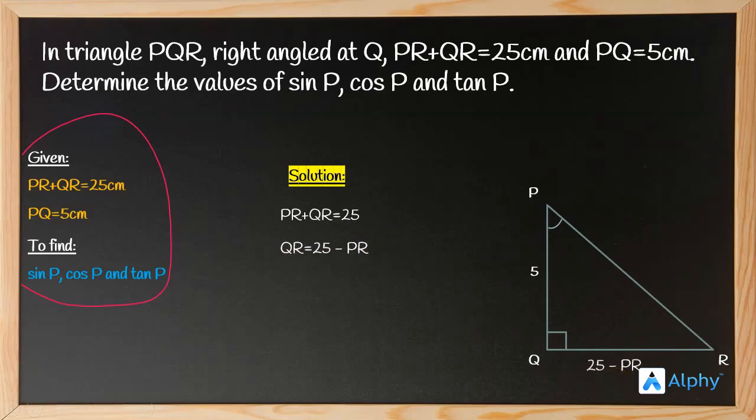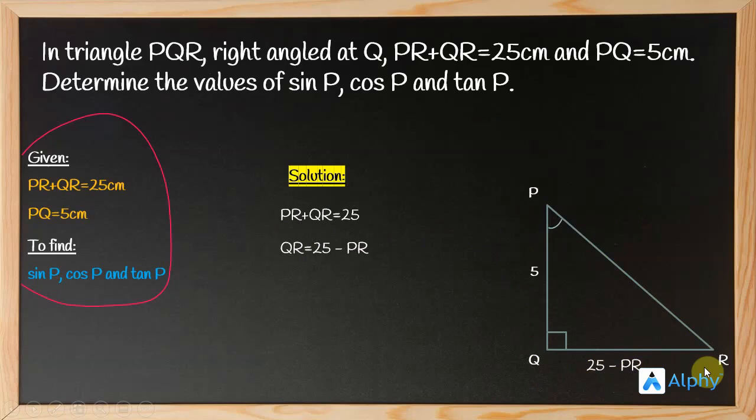Okay, so guys, now in this entire triangle, there's only one unknown part. Which is that unknown part? It is nothing but the side PR. Right guys? Since we don't know the measure of PR and we've expressed QR as 25 minus PR, we should apply something in our triangle so that we can first find PR and that way we can find out QR as well.